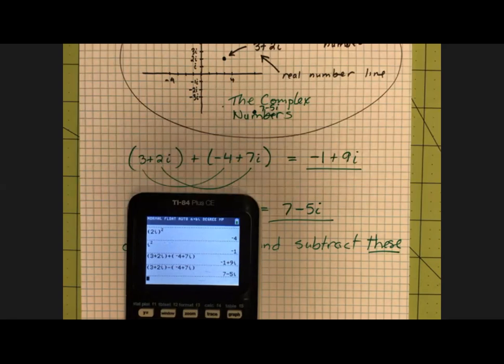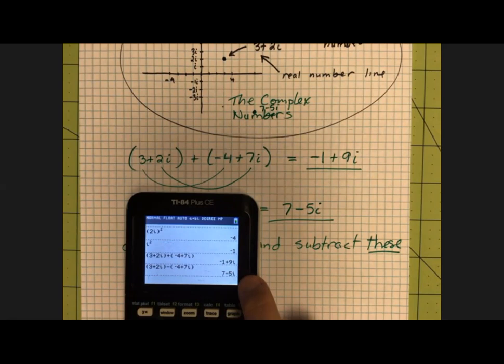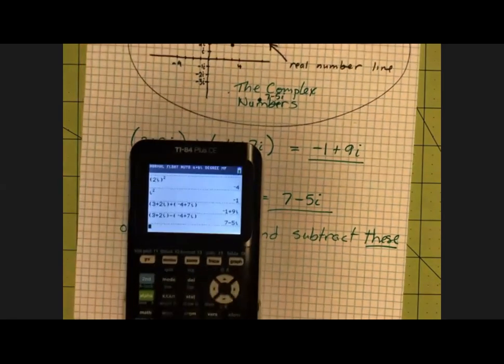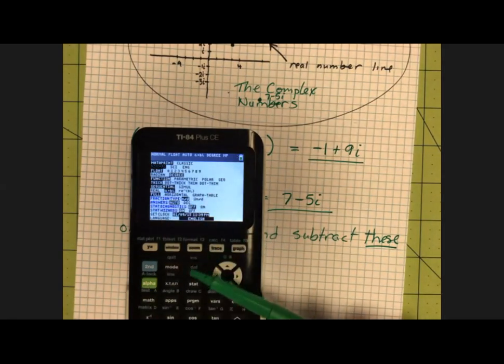Now, I didn't need the calculator to add or subtract those, but it's kind of interesting that it's built into your calculator already. Look under the mode key. Whatever type of calculator you have, TI-83, 84, even the old one has a mode key.